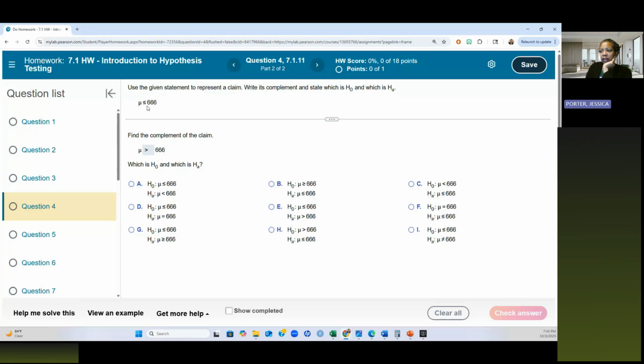We found it up here, right? So our null hypothesis is going to be the less than equal to. The alternative hypothesis is its complement, so that's the greater than symbol. So that's going to be answer choice E. And the reason why it's not D is because D just has an equal sign for the alternative hypothesis. But we know in the alternative hypothesis, there's going to be no equal sign.